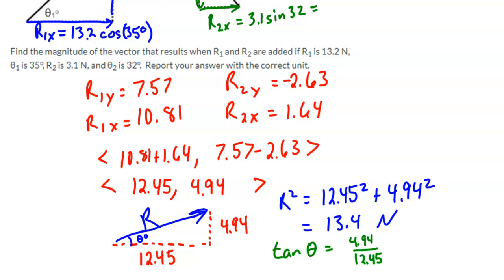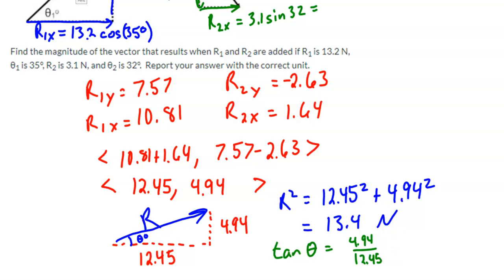On the TI calculators, I think they do tan minus 1, and again, make sure you are in degree mode. So I'm just going to plug in inverse tangent of 4.94 divided by 12.45, and we can at least check here. So I get 21.6 when I do that.